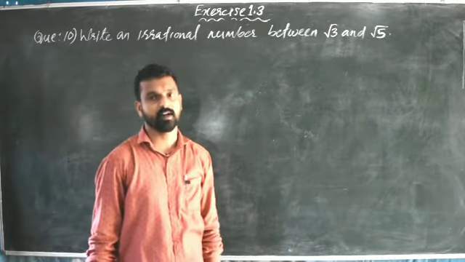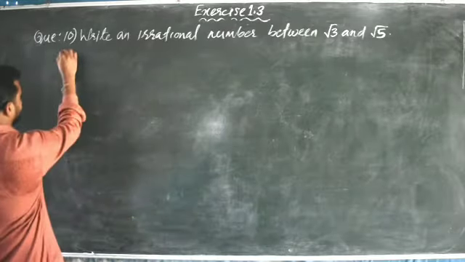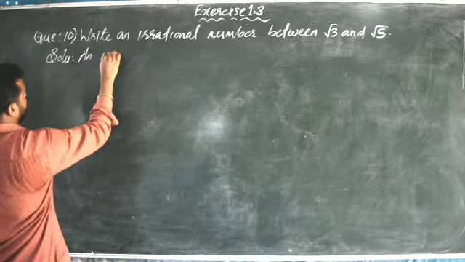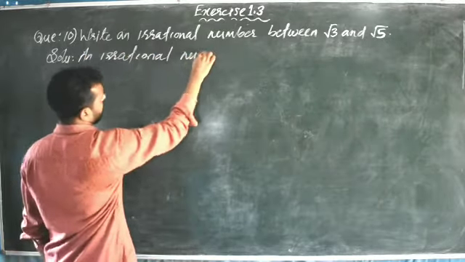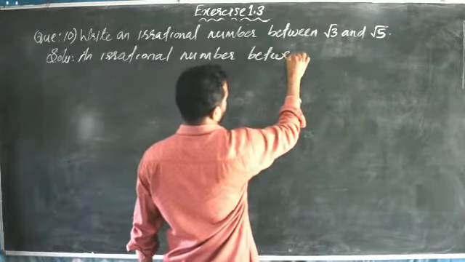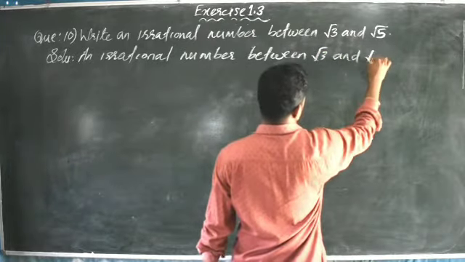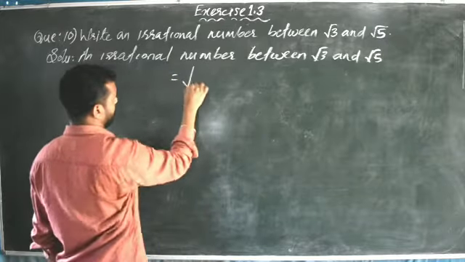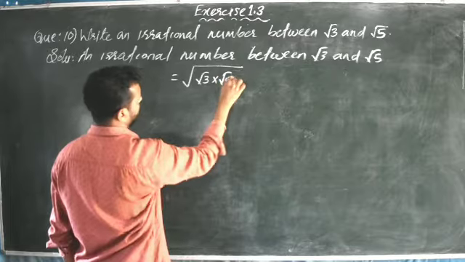Therefore, an irrational number between root 3 and root 5 is equal to the square root of root 3 into root 5.